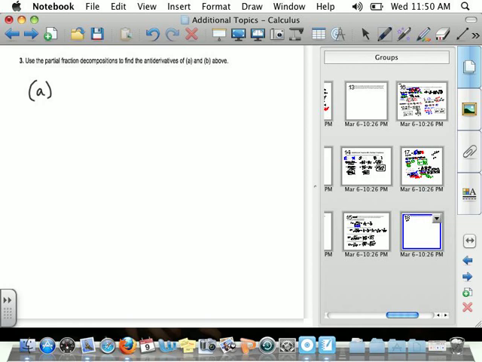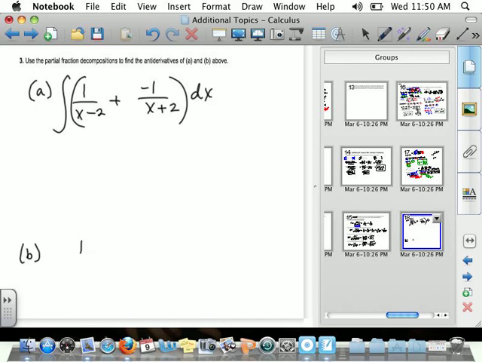So A we found to be 1 over x minus 2 plus negative 1 over x plus 2. So you're going to integrate that. And then B we found to be 1 over 2x plus 3 plus negative 3 over 2x plus 3 squared.